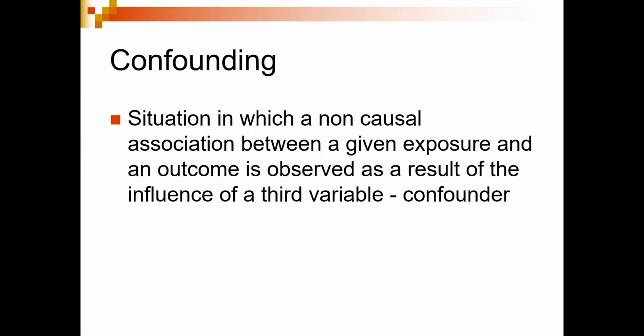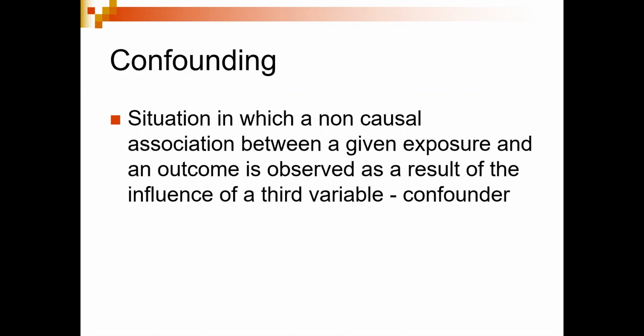By confounding, what do you mean by confounding? Confounding is a situation in which a non-causal association between a given exposure and an outcome is observed as a result of the influence of a third variable, which is called a confounder. So by confounding, you tend to observe an association which does not exist.